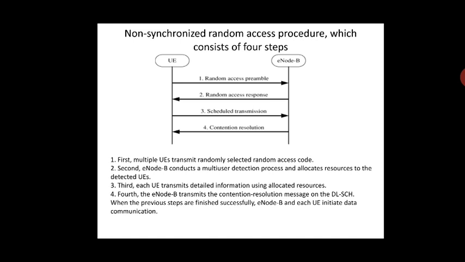The UE that observes a match between the identity and the identity transmitted in step 3 declares a success and completes its random access procedure. That is, in the fourth step, the operation for synchronization is successfully completed.